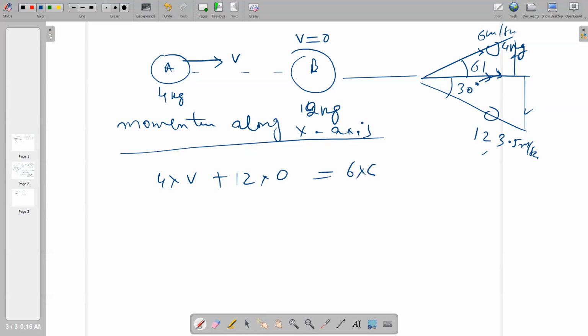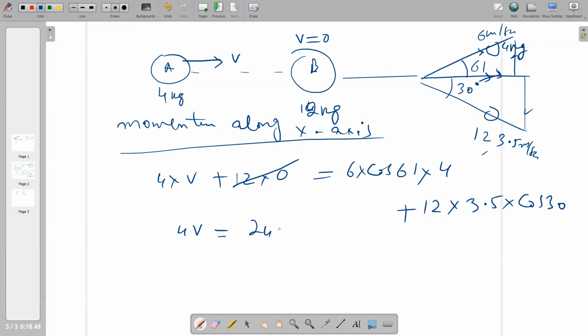This is 6 into cos of 61 multiplied by the mass 4 plus, and this mass is 12 into 3.5 into cos of 30 degree. So along x-axis, I have taken the momentum along x-axis. So this is 4v, this is 0.